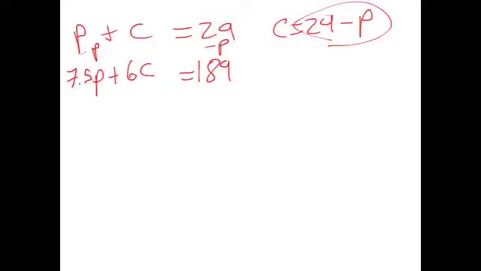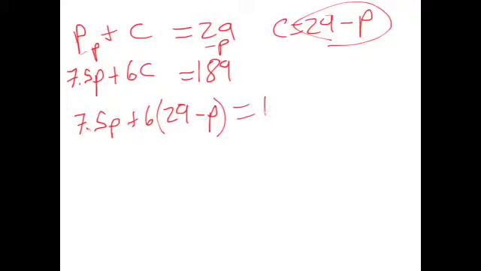And so I can take what C is and put it into my other equation. That'll replace the C's with things with P's in them. And this helps us solve by substitution.